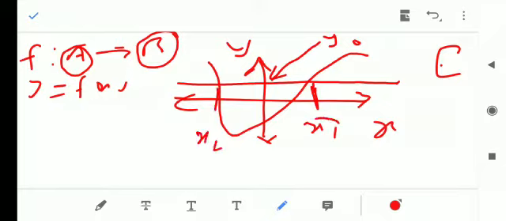So the two values x1 and x2 belonging to the domain have the same image. So the function is no longer one-one. f(x1) and f(x2) are both equal to y0. So the function is not one-one, therefore this function can never be invertible.